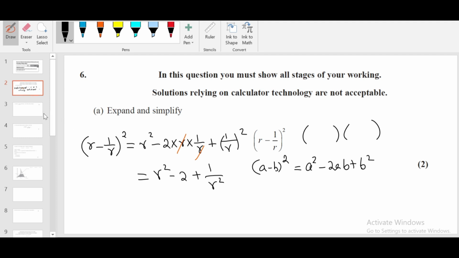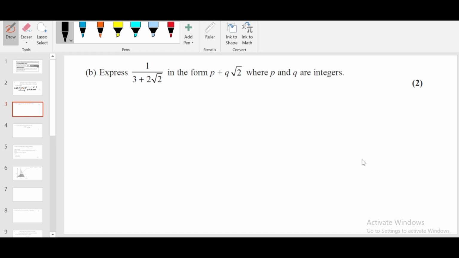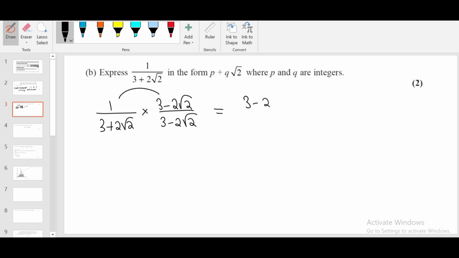Let's move on to part B of this question. Part B is rationalizing the denominator: 1 over 3 plus 2 root 2. You multiply and divide by 3 minus 2 root 2. When you multiply the numerator, it stays the same. To multiply the denominator, always apply this identity, (a plus b) times (a minus b), which is a square minus b square.